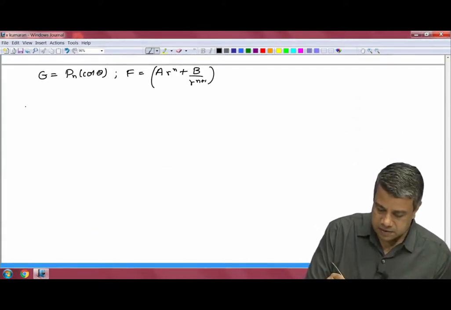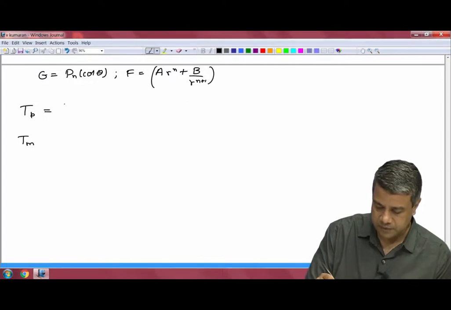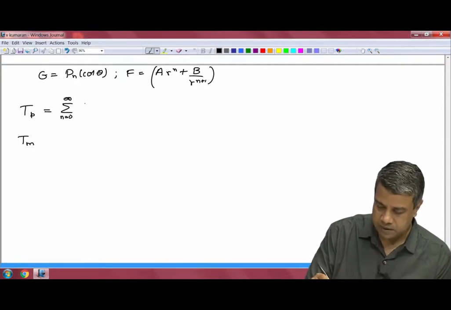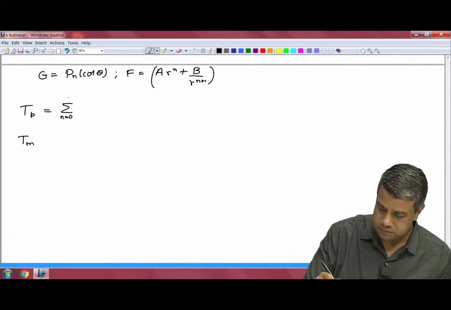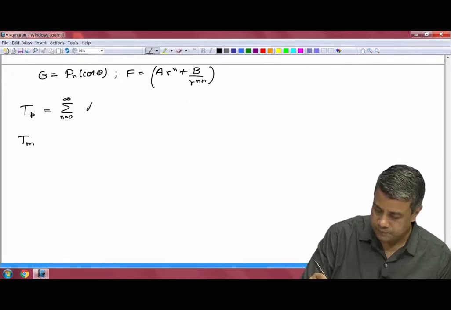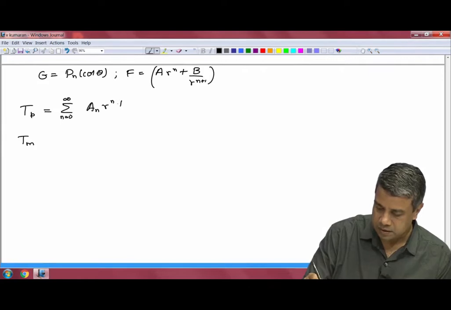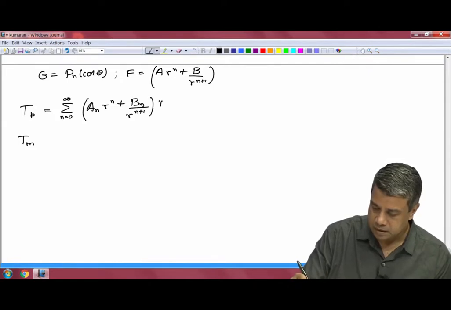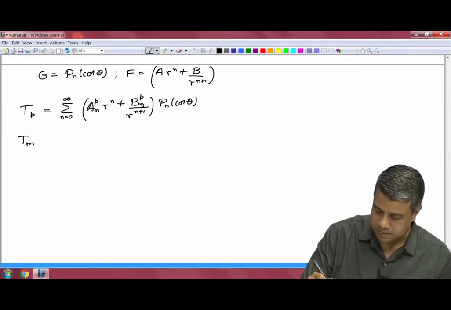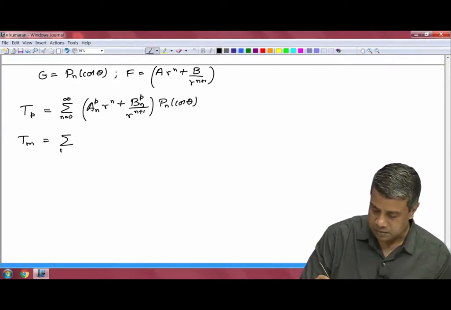So, my solutions for the temperature field in the particle and the matrix were both of the form sigma n is equal to 0 to infinity of a n r power n plus b n by r power n plus 1 times Pn of cos theta. For the particles I will put a superscript p, and for the matrix I will put a superscript m.